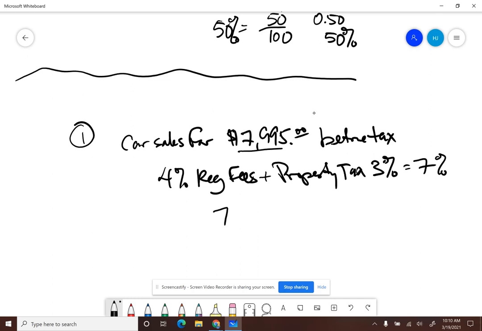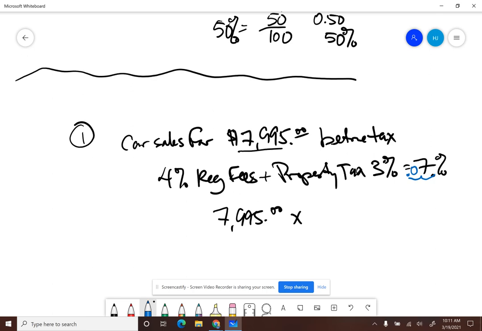So again, $7,995 times 7%. Now, how do I write that as a decimal? Remember that my decimal is already right here at the end. So when I convert from a percent back to a decimal, I need to move my decimal place back 2 places.